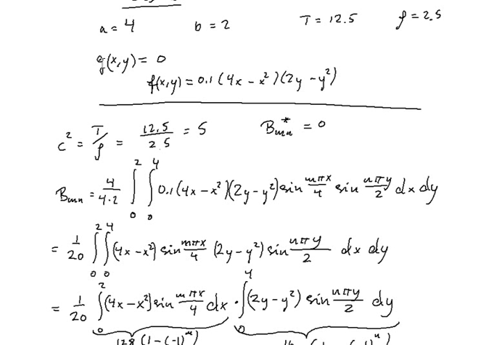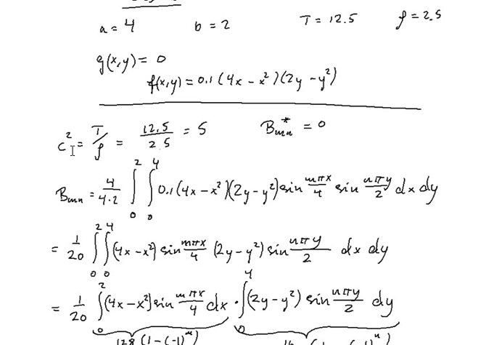And what is g? g is the initial velocity, so there is no initial velocity. And the initial deflection f of xy is equal to this expression. So you see here we have a pure function in x multiplied with a pure function in y. This is just to get simple integration.